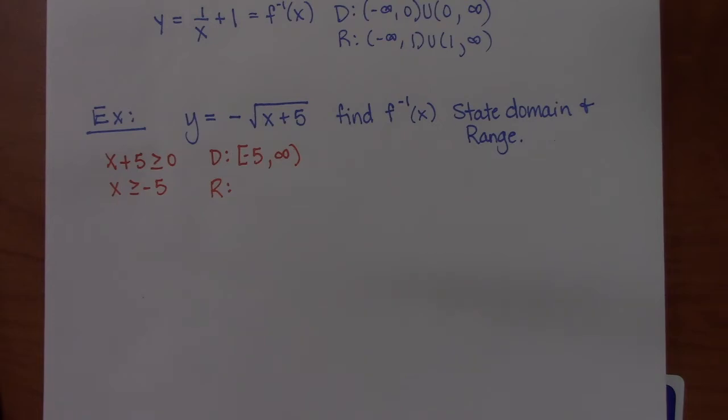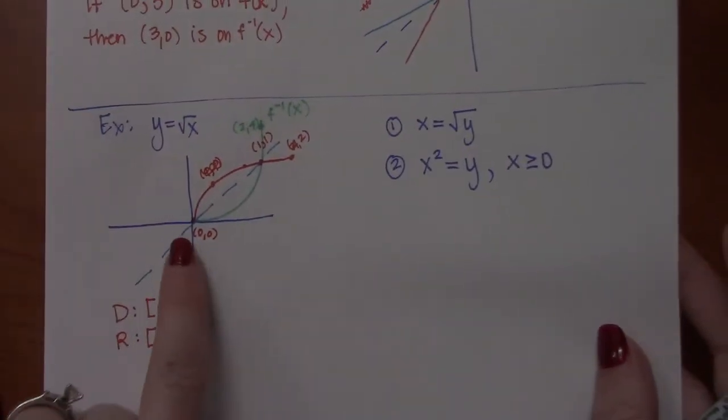All right, and let's just say for a second that I don't know what the range looks like, but can anyone picture the graph and figure out the range? Negative infinity to 0. So remember we looked at square root of x, right here, this red line.